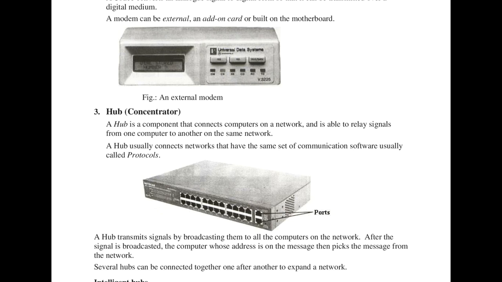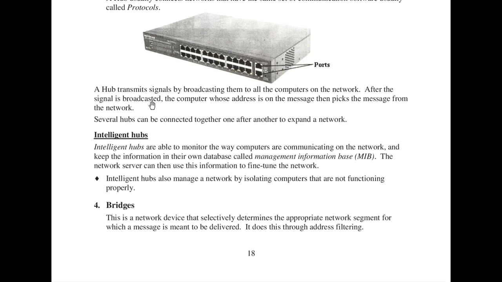These ports are where you insert the internet cables so that the computers can interact with each other. Sometimes you have an intelligent hub. An intelligent hub is able to monitor the way computers are communicating on the network with the help of a small database called MIB, or Management Information Base.